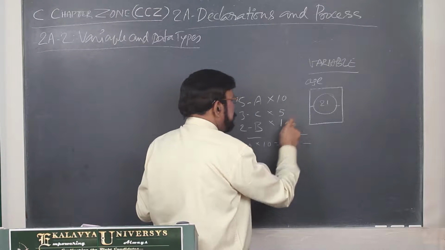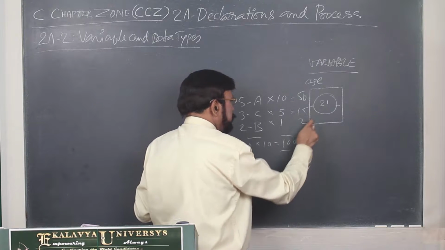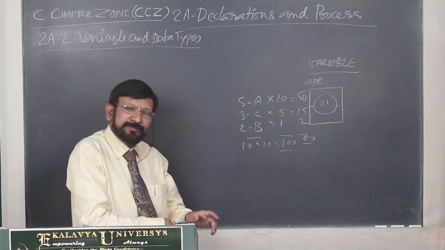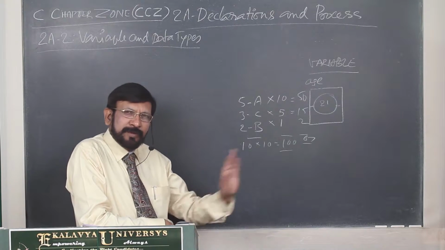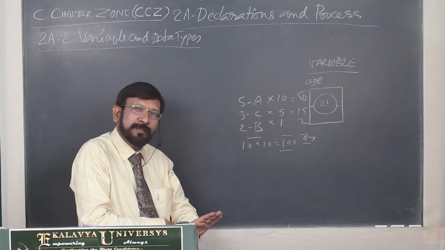Take this: 50, 15, 2, that is 67. So because of this classification, what benefit you got, I need not explain. You know it very well.